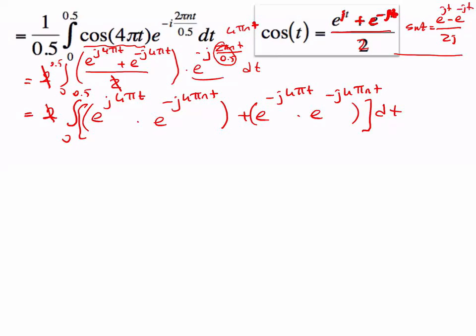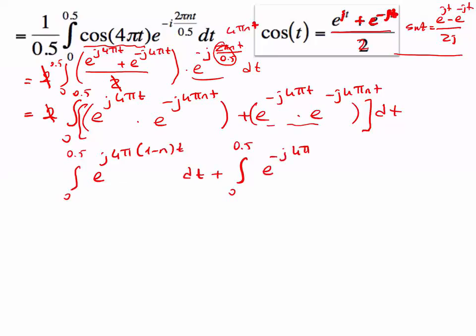It's going to be from 0 to 0.5 e to the power j 4 pi (1 minus n) t dt plus from 0 to 0.5 e to the power minus j 4 pi (1 plus n) t dt. Okay, so this is like minus, this part is the common part, and then this is like 1 plus n.